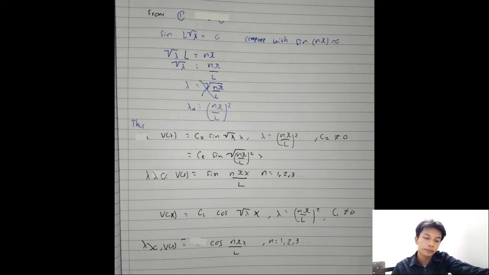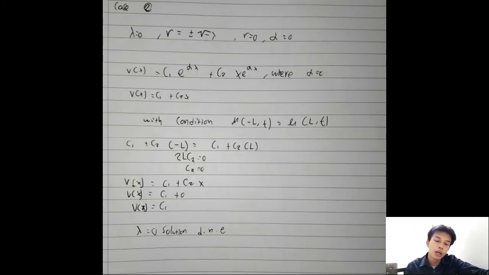For c1, we can get the equation when λ > 0, v(x) is cos(nπx/L), by comparing it with the same method.